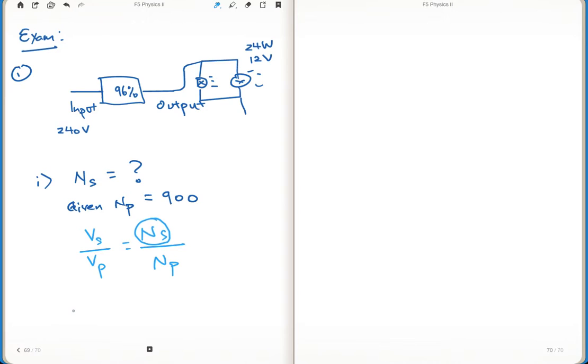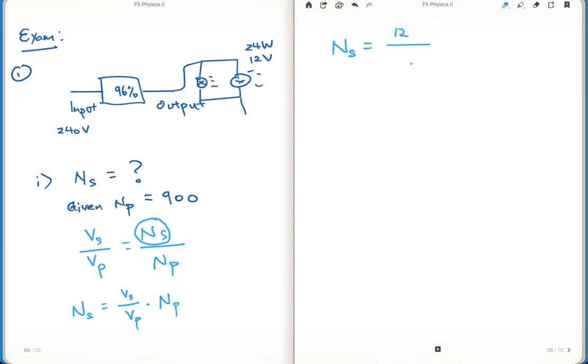So you rearrange them: Ns equals Vs over Vp times Np. I know what is Vs, I know what is Vp, so my secondary voltage is 12 over primary 240, times primary 900 turns. Therefore your secondary winding, put in a calculator, is 45 turns.